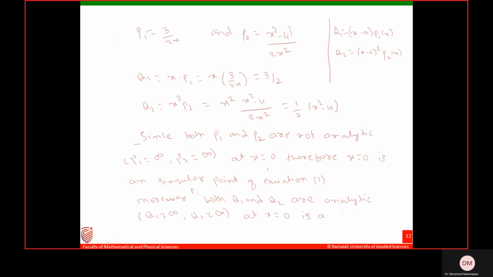So x is equal to 0 is a regular singular point.